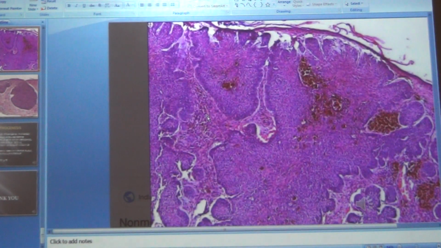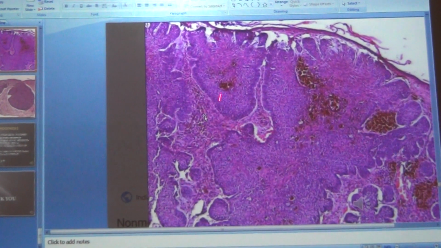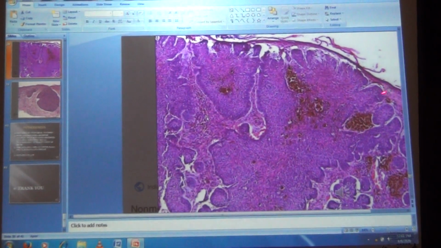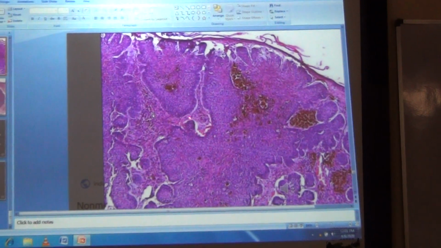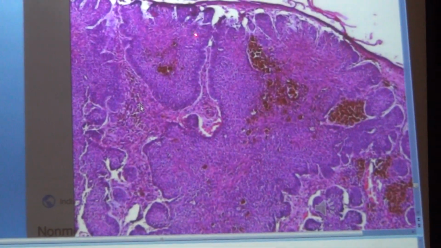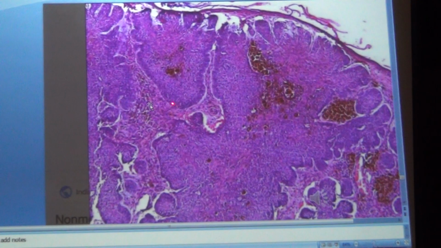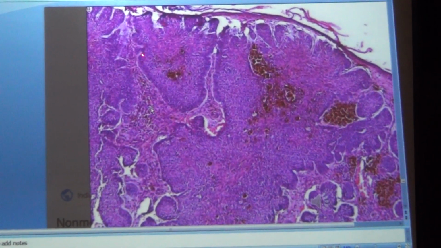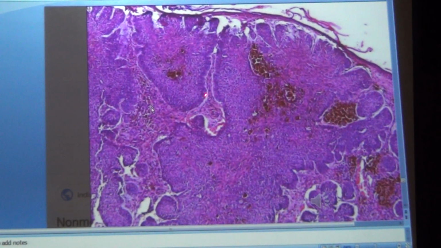Another histological picture of basal cell carcinoma: you see the epidermis, some keratin, and islands or lobules of cells arising from the basal layer of the epidermis. A big island of basaloid cells shows palisading of the nuclei at its peripheral part, forming a row-like structure.